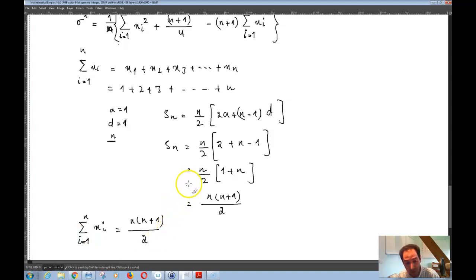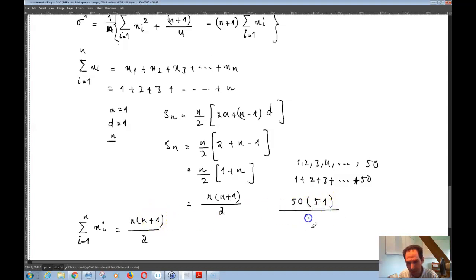For example, if you had 50 numbers, 1, 2, 3, 4, all the way up to 50, and you were to add these together, that would be simply n times n plus 1 divided by 2. Your n is 50 here, so 50 times 51 divided by 2.